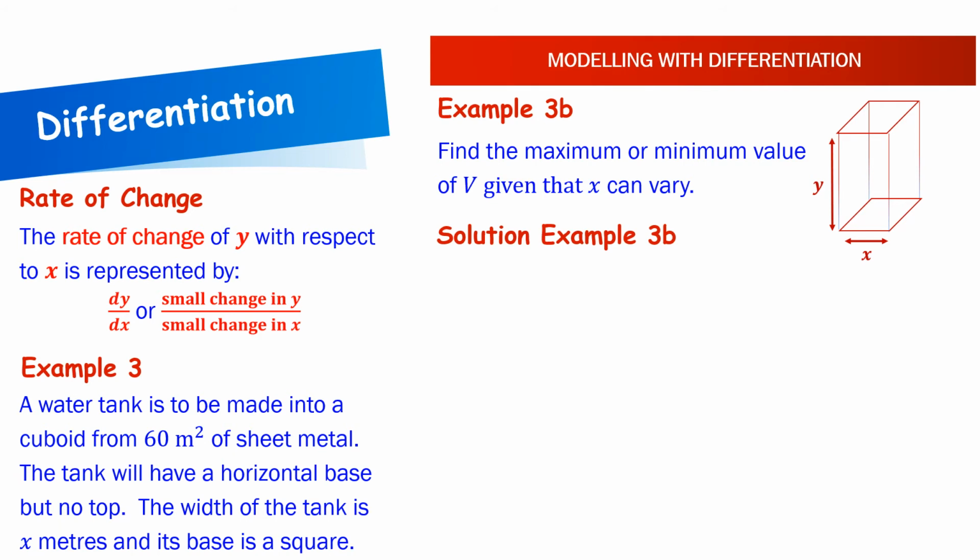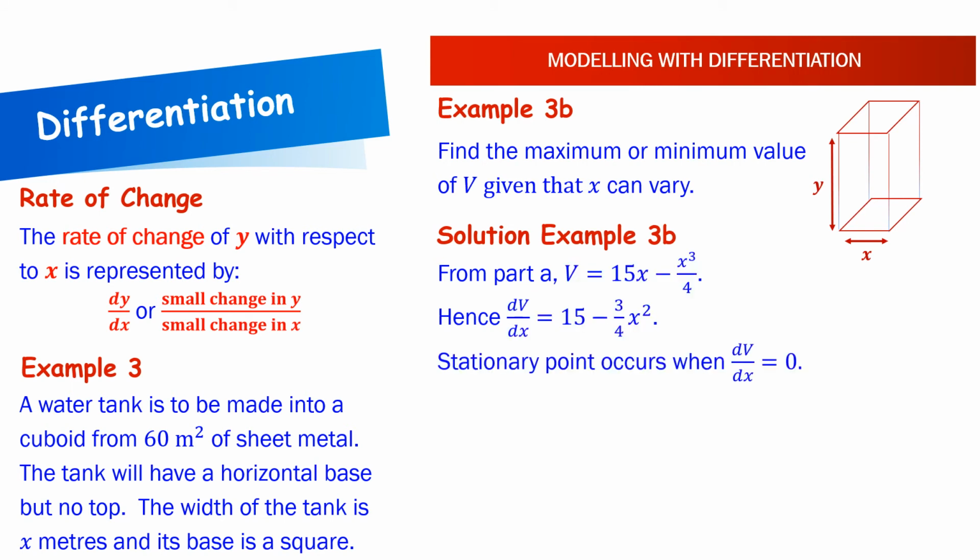Now let's have a go at part B. We are required to find the maximum or minimum value of V given that x can vary. So remember from part A we had that V equals 15x minus x cubed over 4. If we differentiate this, we can now proceed to try and find a maximum or minimum value. So differentiating gives us this expression for dV/dx.